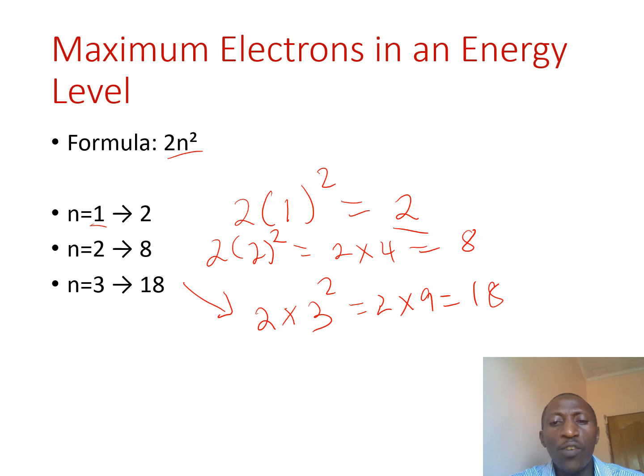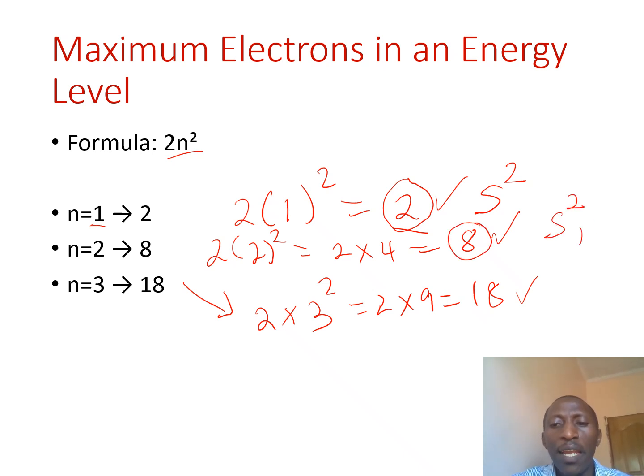With this kind of understanding, we shall come to make a very good understanding of the S and P orbitals. In the first energy level, we have only the S orbital, which holds a maximum of 2. In the second energy level, we have S holding a maximum of 2 and P holding a maximum of 6, and therefore the total is 8.